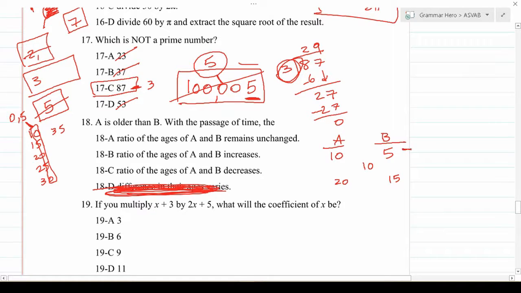This ratio right here is 5 to 10. This ratio, which is the same as 1/2, this ratio is 15 to 20, which is the same as 3/4.